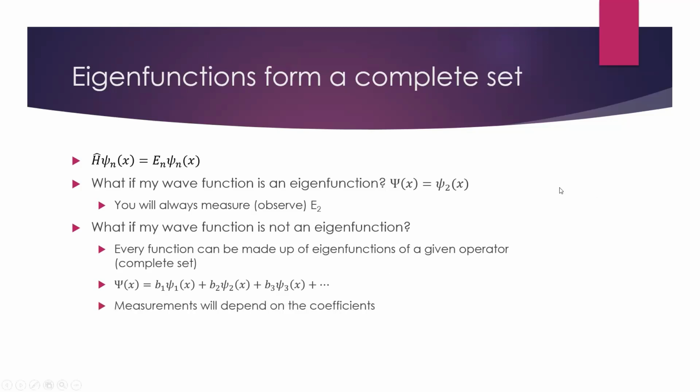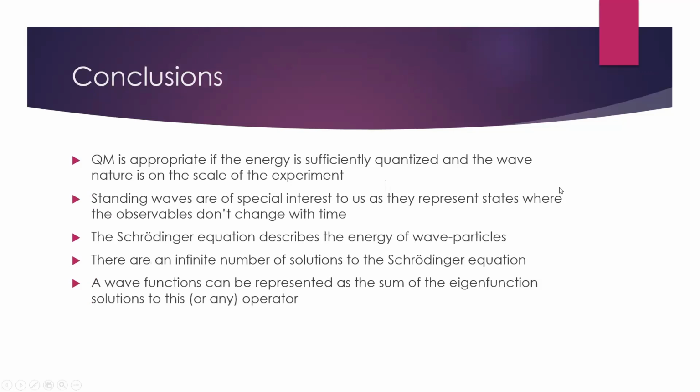Before I let you go, I want to just conclude for the past couple lectures some of the key points that we talked about. So we decided that quantum mechanics is appropriate to use if we have sufficiently quantized energy, so if the energy gaps between the steps are large compared to the thermal energy available, and if the wave nature of a particle is apparent based on the scale of the experiment.